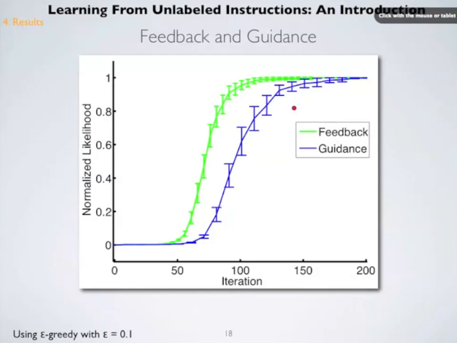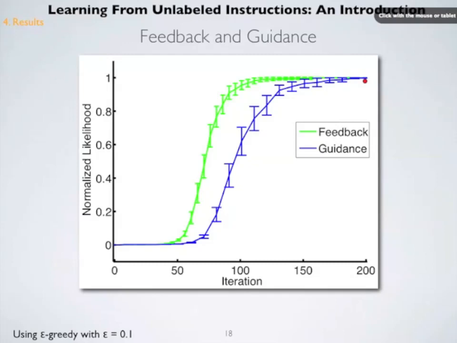And we tried this with 2 different kinds of teaching signals. Feedback in green, which is the teacher assessing the robot action as correct or incorrect, and guidance in blue, which is the teacher telling the robot what to do next, like grasping a cube, releasing a cube, going left or going right. Interestingly, it takes more time for the guidance case to reach high probability, whereas the information the robot receives is richer and more complete.